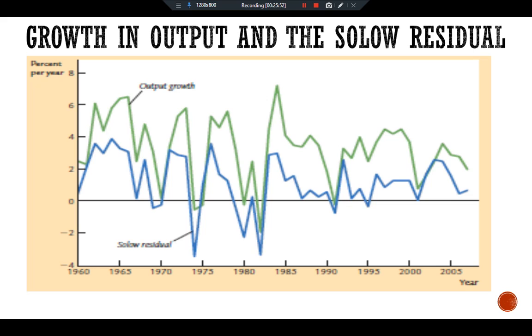If so, then output is underestimated in a recession, which would also make the measured Solow residual fluctuate for reasons other than technology. Thus, economists can interpret the cyclical behavior of the Solow residual in different ways.